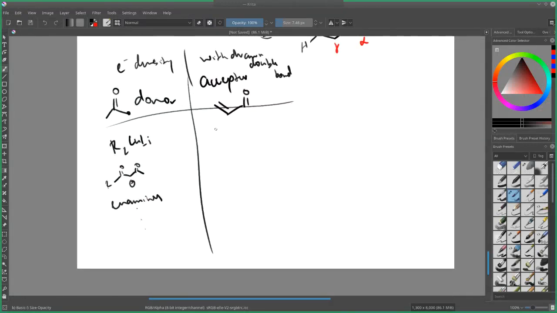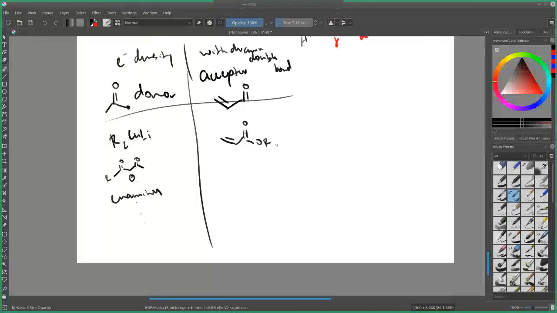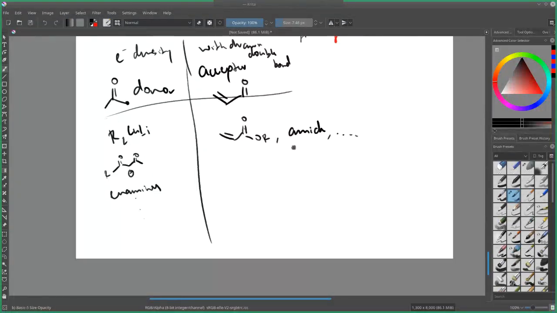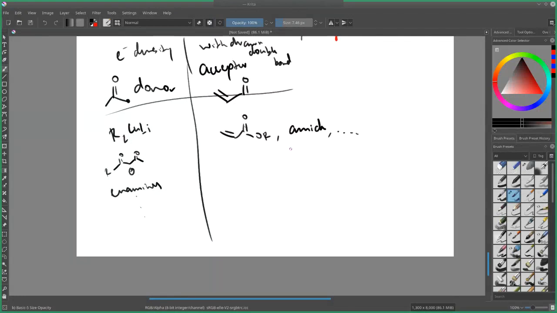And then from here, you just have withdrawn double bonds. So this ketone is very strongly withdrawing. An ester is strongly withdrawing. An amide is withdrawing. And all of these carboxylic acid derivatives that you've just spent so long talking about, well, this is it.